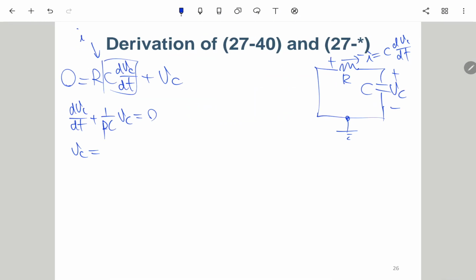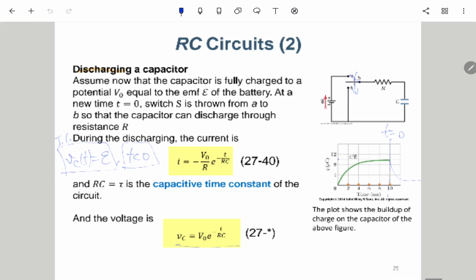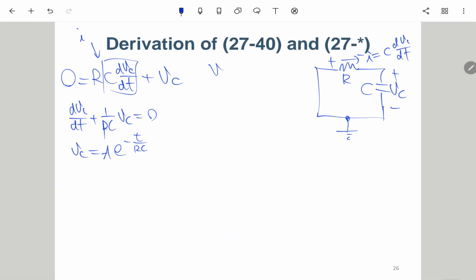Similarly, Vc to be A exponential to negative t over RC, just as what we have previously. And then according to the initial condition, Vc(t) to be E when t is smaller than 0. So this is the initial condition.